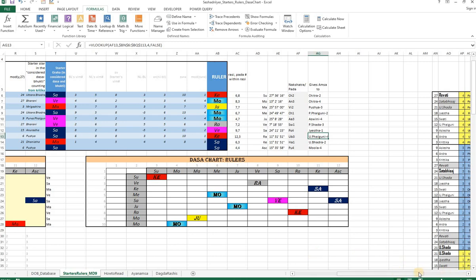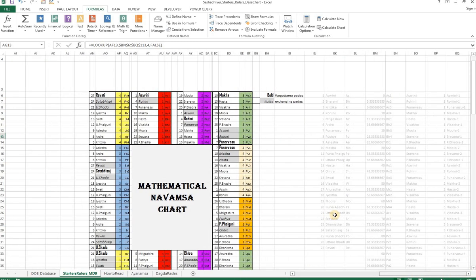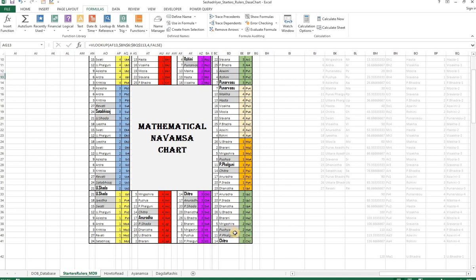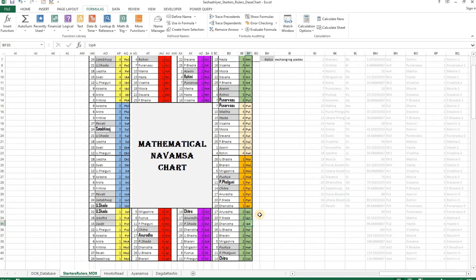Uttara Palguni fourth pada, UP4, is exactly opposite to where Rahu is. So that's why the seventh house got activated. So that's something very bad for him.